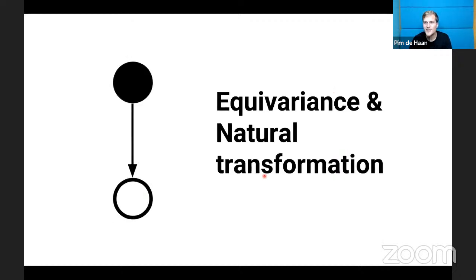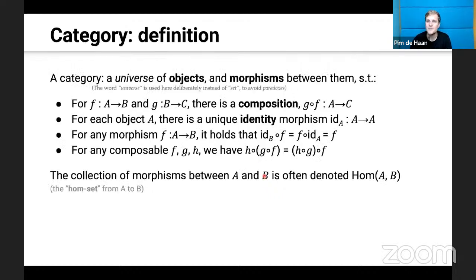So let's go to the basics. Let's define our concepts. Just to recap, a category, you've seen this by now, but just for completeness, I'm going to repeat it for you. A category consists of a universe, like a set or something larger, of objects, and a collection of morphisms between them, satisfying certain axioms, namely that for every pair of morphisms where the first maps to the same object as the second maps from, there's a composition rule that combines them.